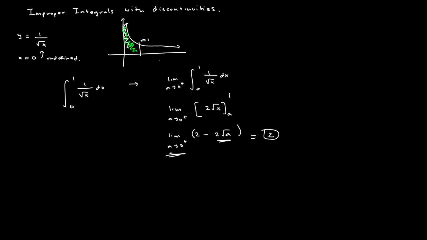And the only way we were able to find the actual area was through our usage of improper integrals. So now that we have seen that motivating example, let's formalize improper integrals with infinite discontinuities.